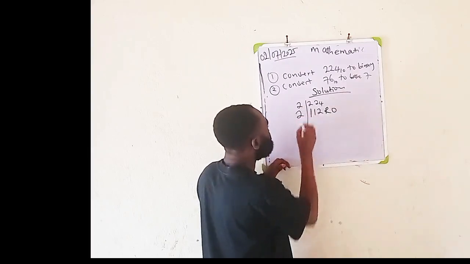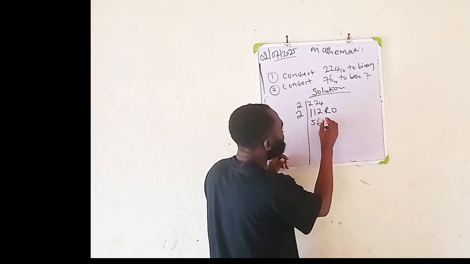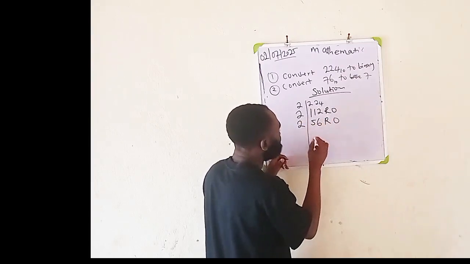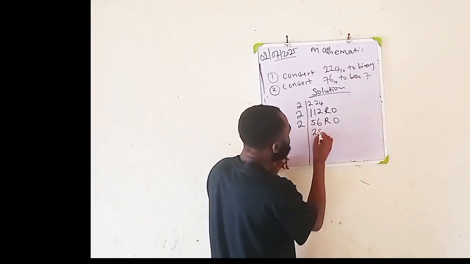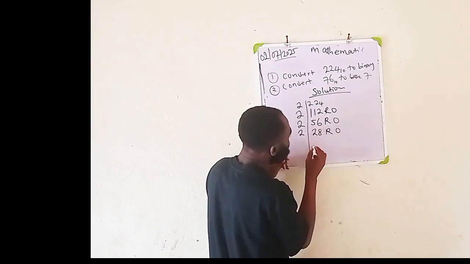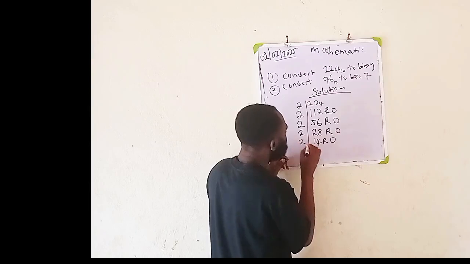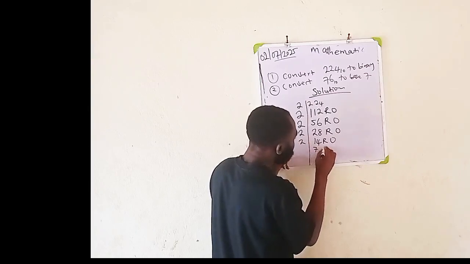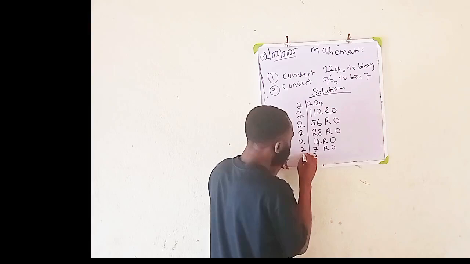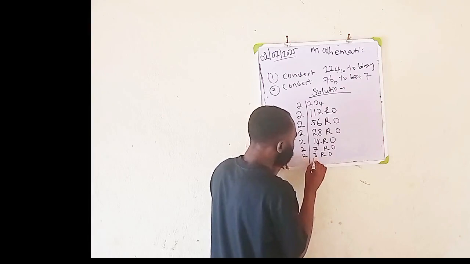And 2 into 112 will go 56 times, remainder 0. 2 into 56 will go 28 times, remainder 0. 2 into 28 will go 14 times, remainder 0. 2 into 14, 7 times, remainder 0.